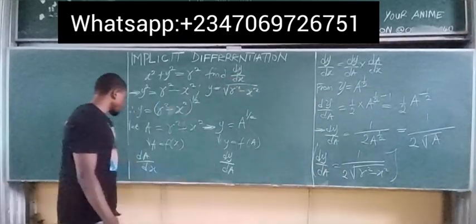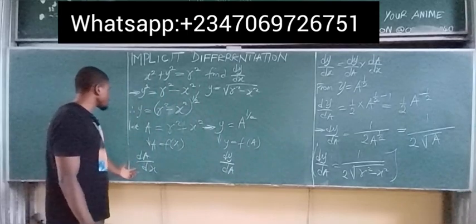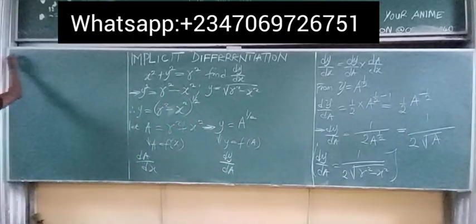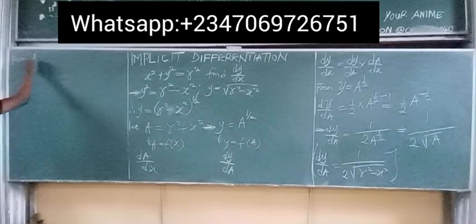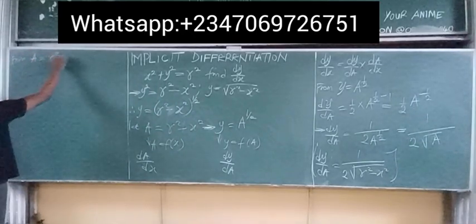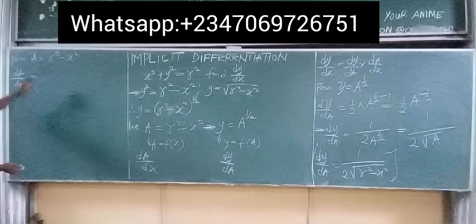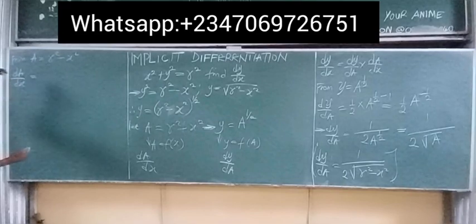So next is to actually find the da/dx. So we have a here, from a equals r squared minus x squared. You can simply differentiate a with respect to x, that's the da/dx.